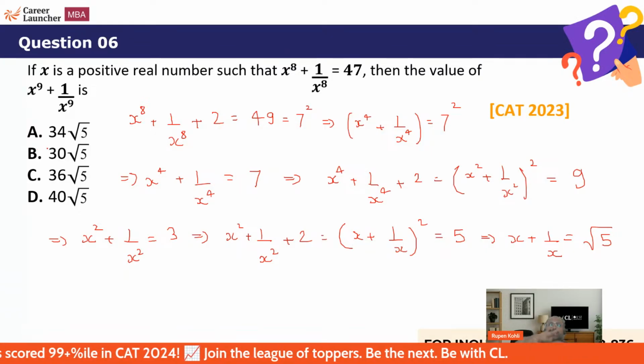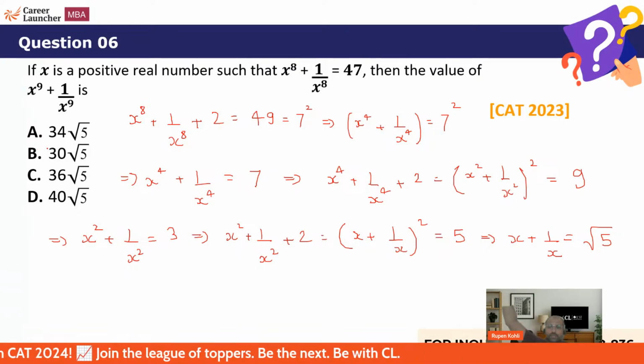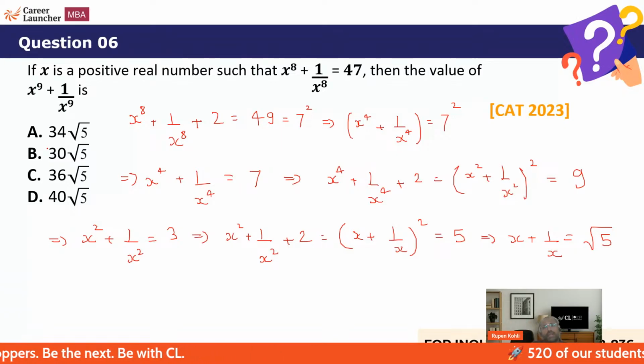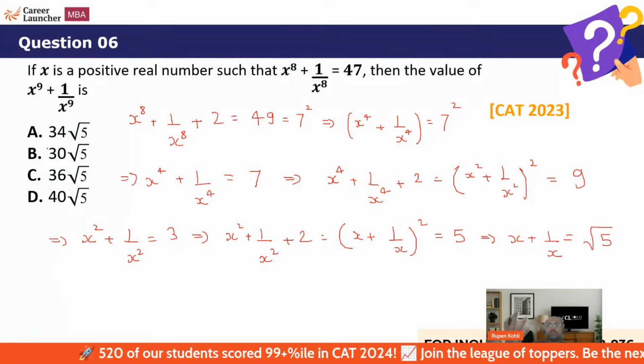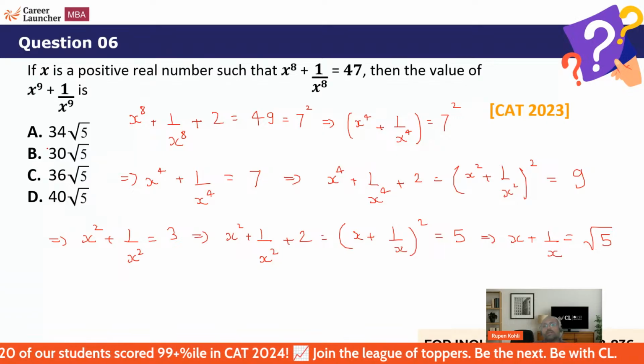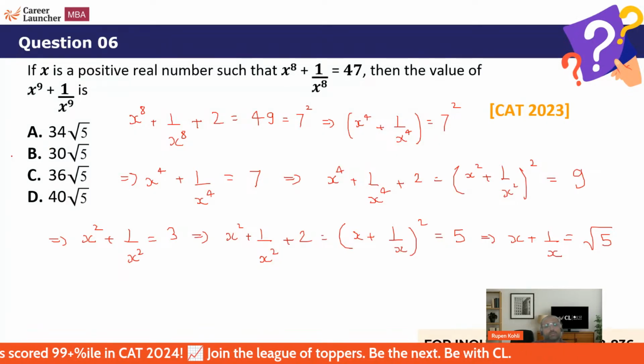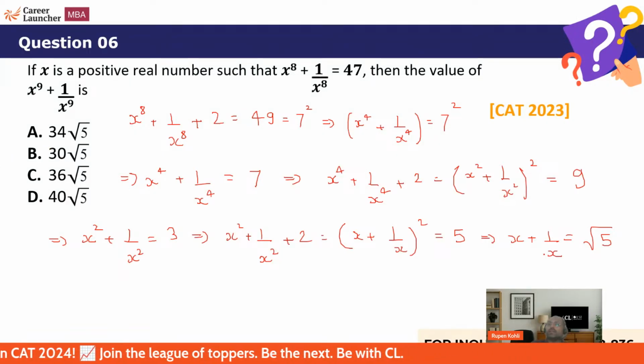Now we have to reach the ninth power of x. The way we reached, for example, the eighth power is squaring of squaring of squaring. Likewise, for the ninth power, we know that the cube of the cube is the ninth power. So the obvious process now is cubing the given equation on both sides.